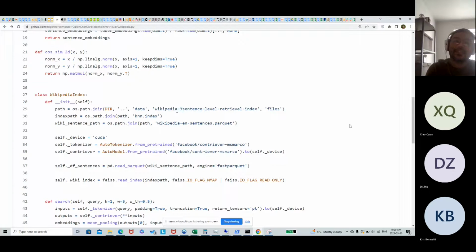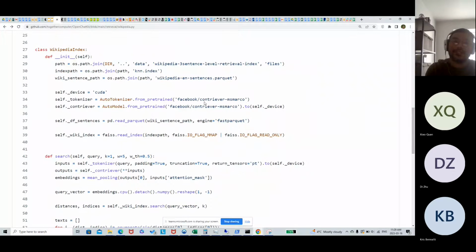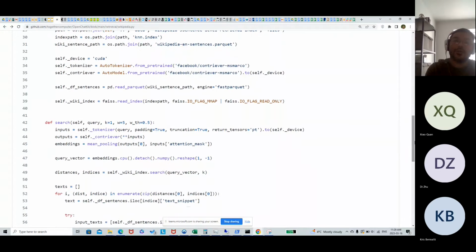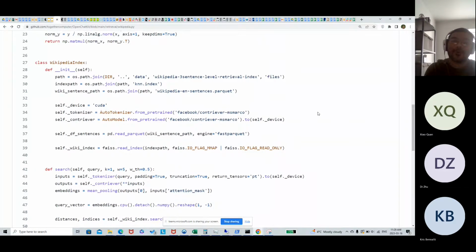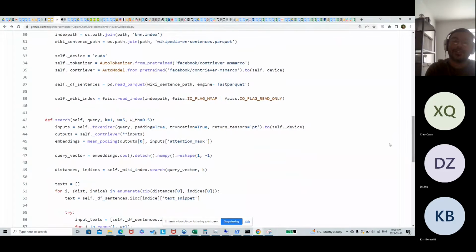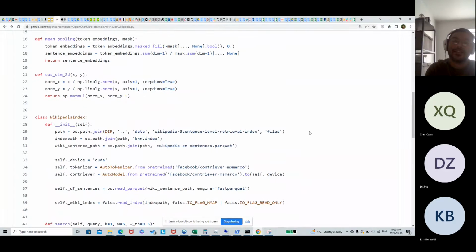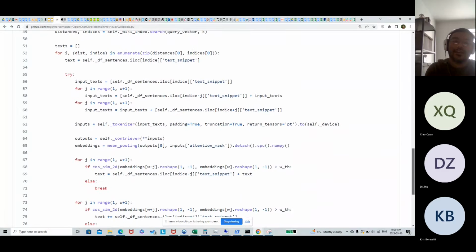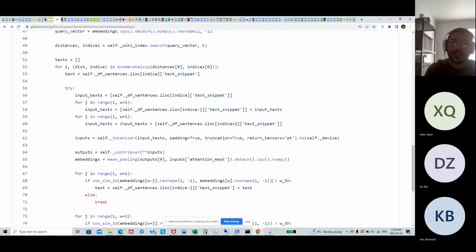So every 3 sentences is its own embedding, and then they use a retrieval model to map your query to any of the entries in the index. And if it is above a particular cosine similarity threshold, then they return it.